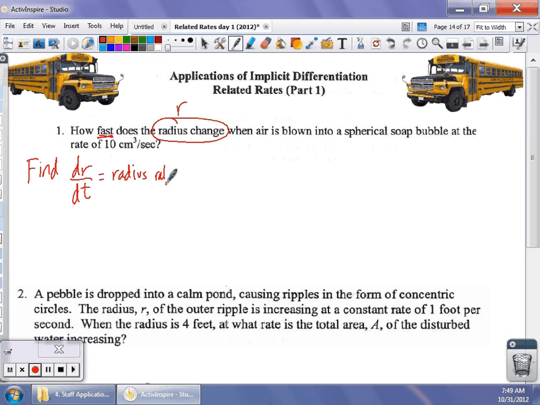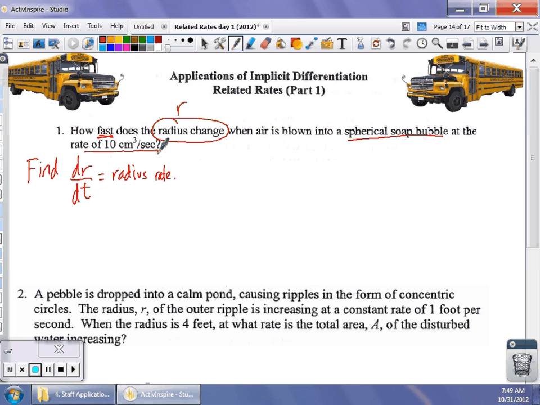And notice what I'm doing. I'm reading the problem and I'm breaking it down and recording the information that I need. How fast does the radius change when air is blown into a spherical soap bubble at the rate of, so they're giving me a rate, 10 cubic centimeters per second. Now look at the units of that, 10 cubic centimeters per second.